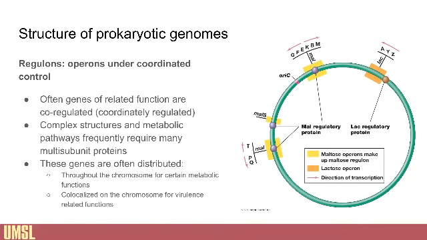And if that is true, there's some evidence that there's not necessarily randomness in how the chromosome is packed inside an E. coli cell. And that there may indeed be some 3-dimensional spatial organization, that these maltose genes, for instance, in 3-dimensional space might actually be very, very close to each other in terms of how the E. coli genome is packaged inside of the cell. So there's interesting evidence to support this.